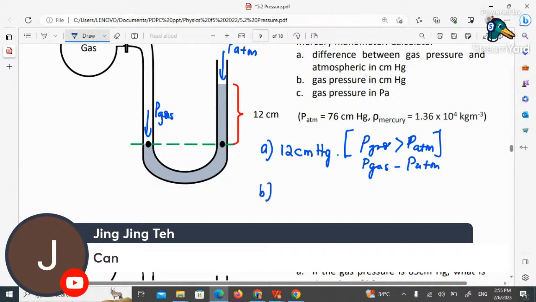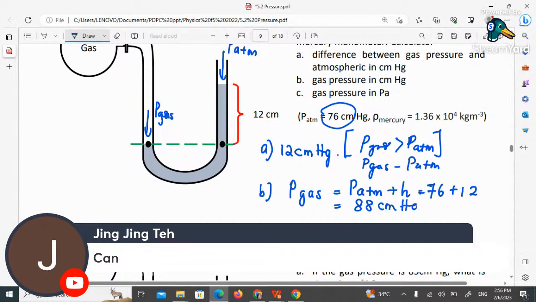The gas pressure in cm mercury: P gas equals atmospheric pressure plus H. Use the atmospheric pressure value given. Sometimes they give you 76, sometimes 75, depending on the information given. 76 plus 12, so we get 88 cm mercury.